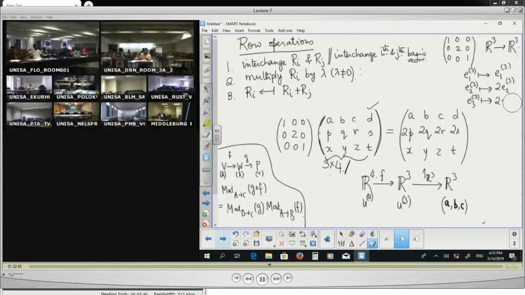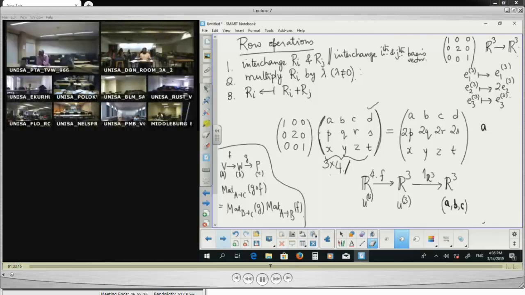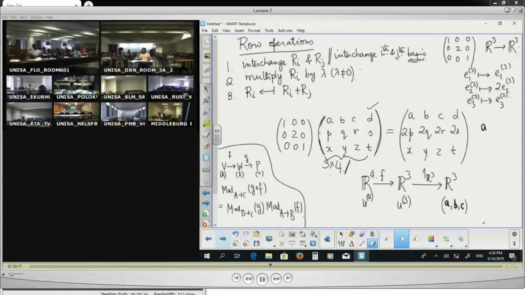Telling me that A, so this is the coordinates, right? So 1 times A plus 0 times B plus 0 times C is equal to E1. Right? What is this? 0 times A plus 2 times B is 2 times B.